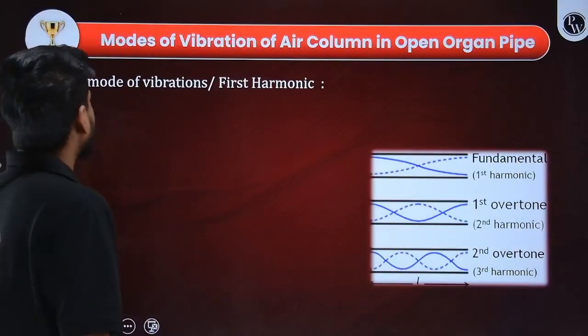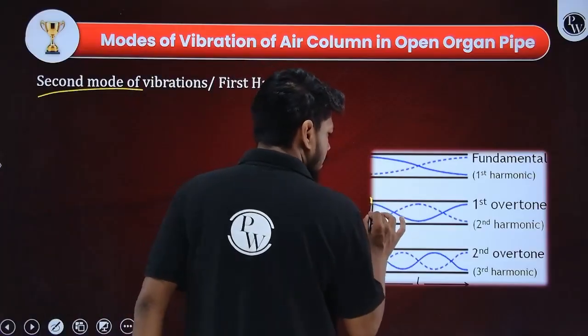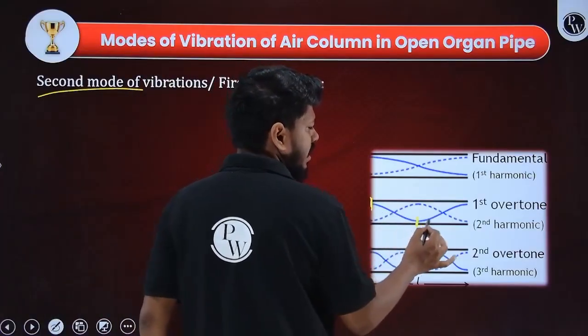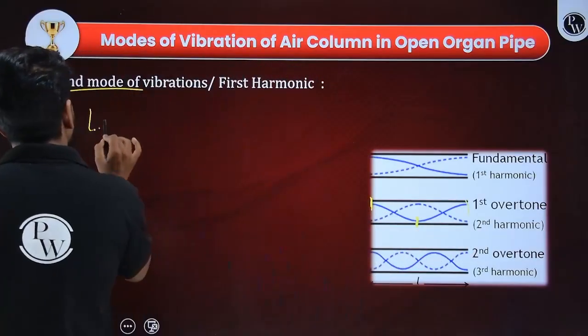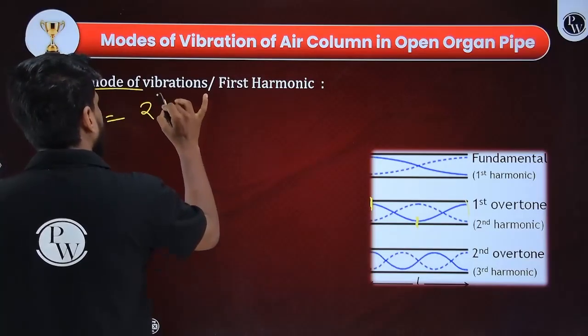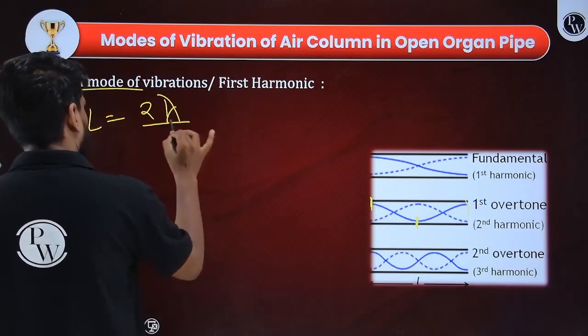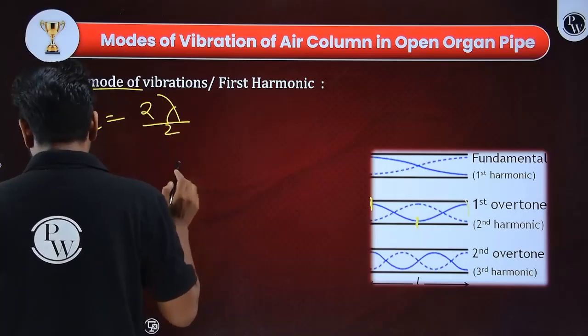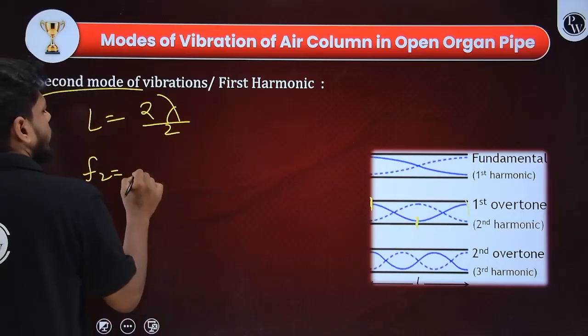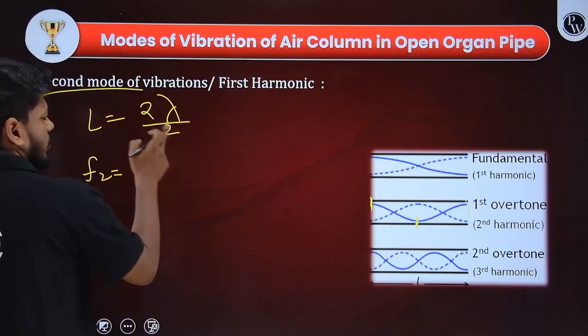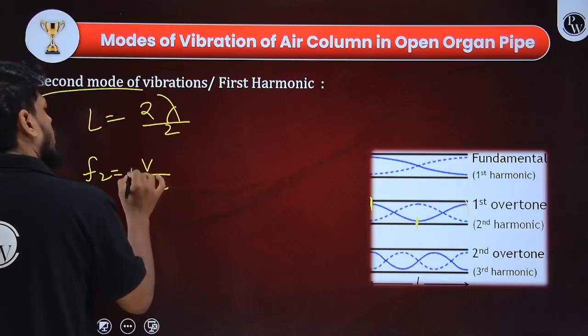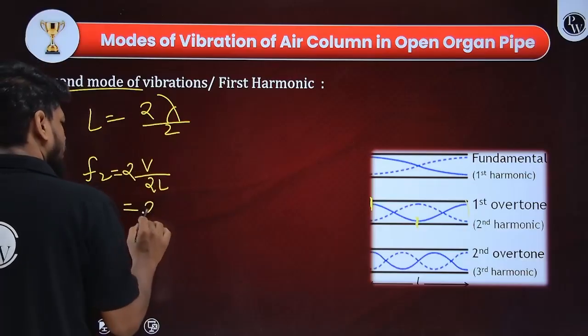If I talk about the second mode of vibration, you can see lambda by 2 over here, half wave here and half wave here. So my length is equal to 2 lambda by 2. My frequency F2 is going to be velocity by this. Sir, same thing we are getting?